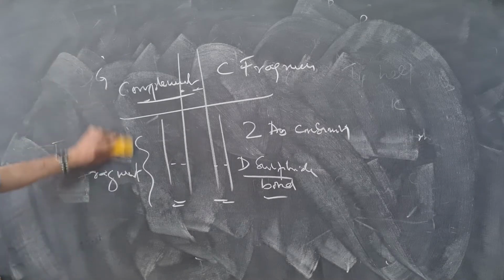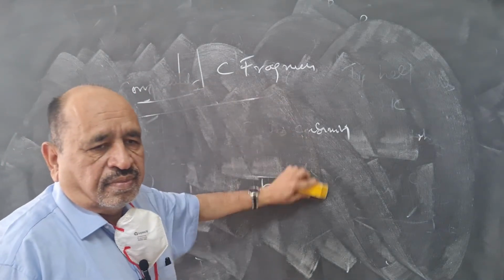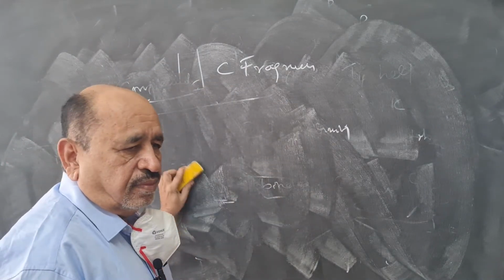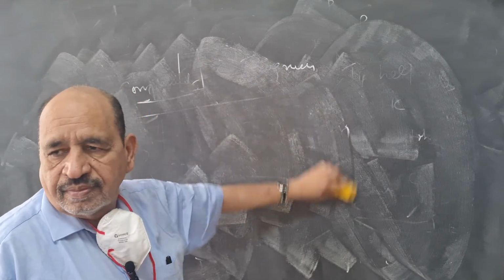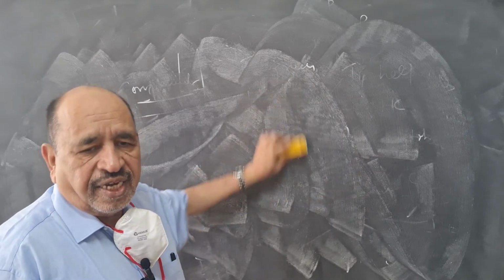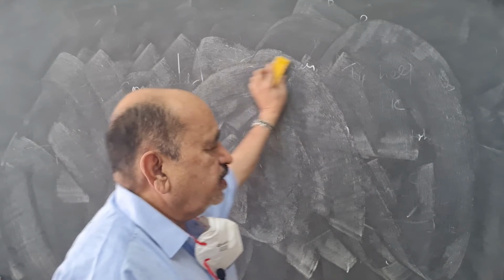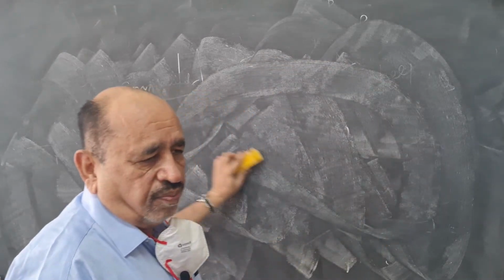Next, moving on to IgA. IgA is also called the secretory antibody. It is present in the secretions of the human body.